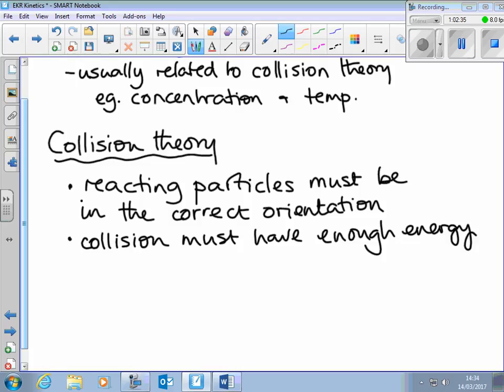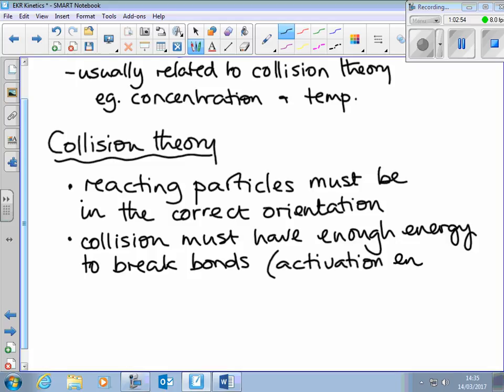So enough energy to break bonds, to start that process, and that's the activation energy. And we will be returning to that. All right, so those are our requirements for a reaction.